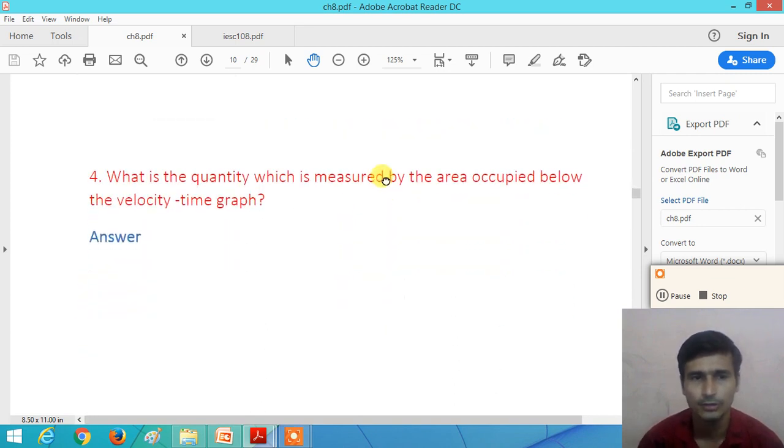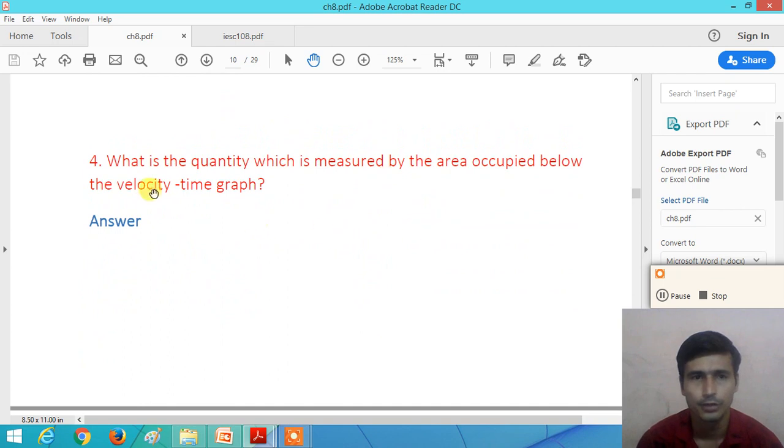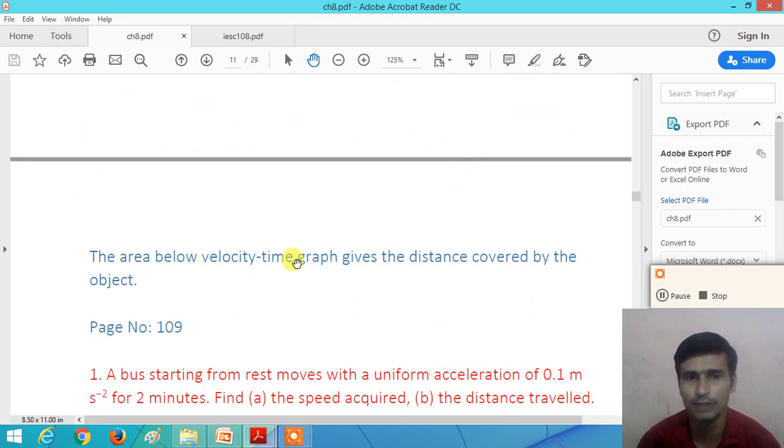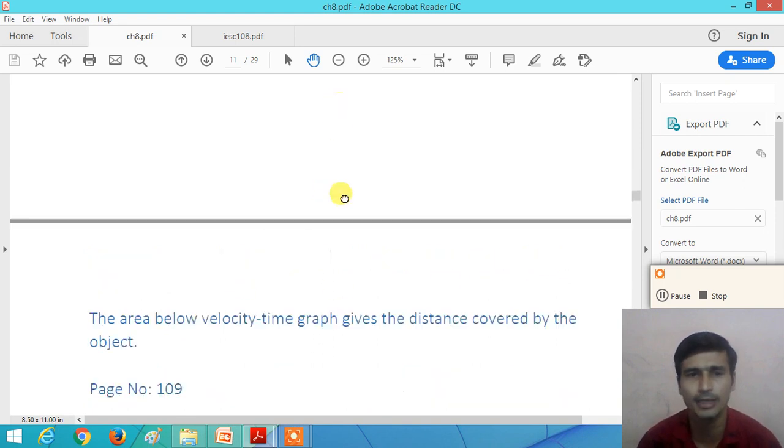So now question number 4. What is the quantity which is measured by the area occupied below the velocity time graph? So area occupied below the velocity time graph, which quantity is measured? You know that the area below the velocity time graph gives the distance covered by the object.